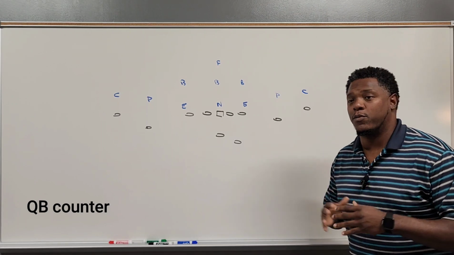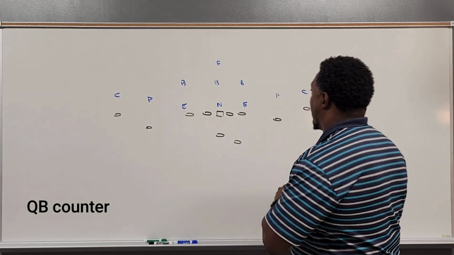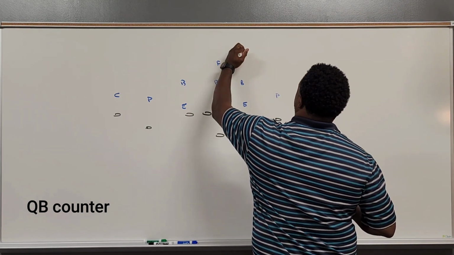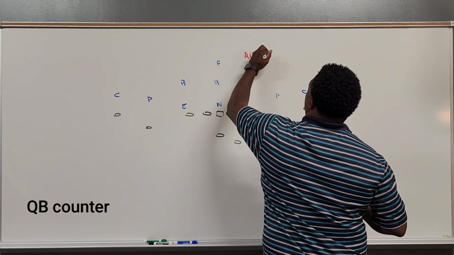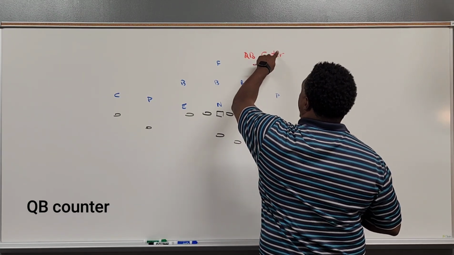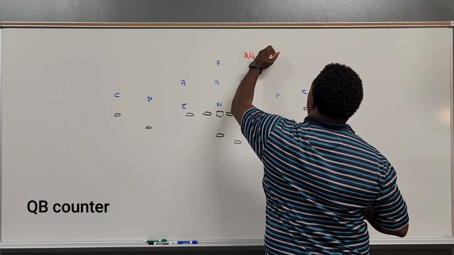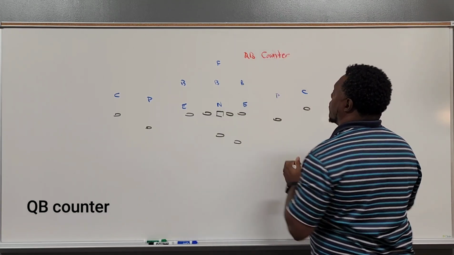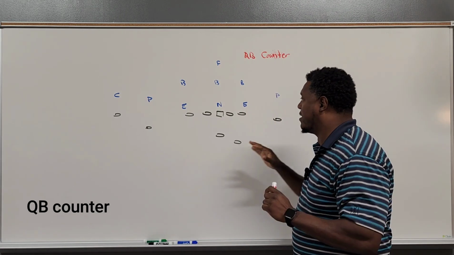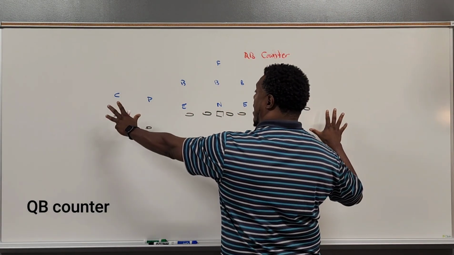Now, this first concept we're going to look at is the QB counter. The reason I like quarterback counter is because it gives you the opportunity to spread people out.